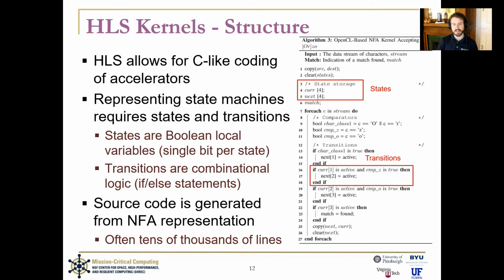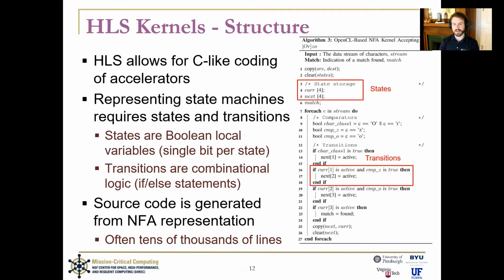As we know, states are either active or inactive, which allows us to store them in local memory on the FPGA as simple Boolean arrays. Transitions are combinational logic, which combine the input character, the active set of states, and the criteria for each transition to form a future next set of states. These can be realized using if-else statements.